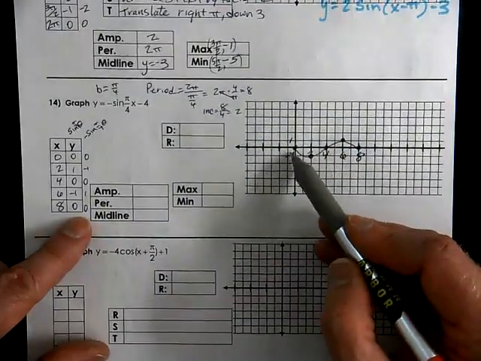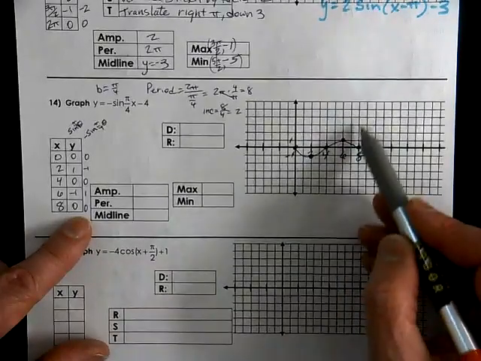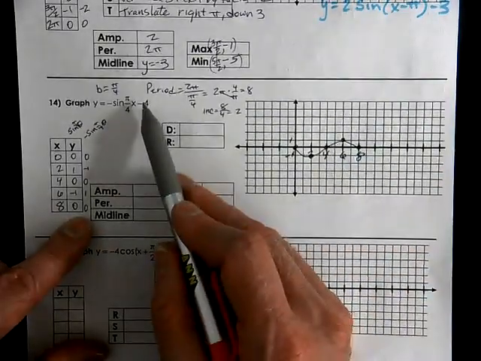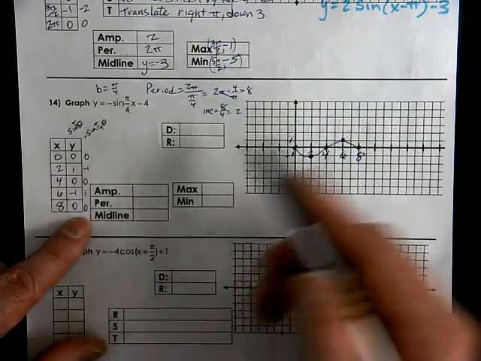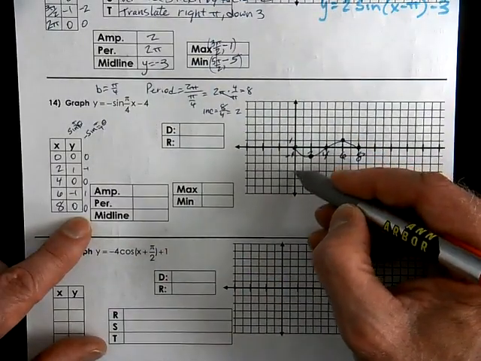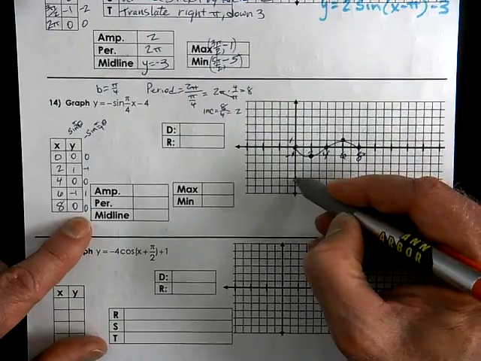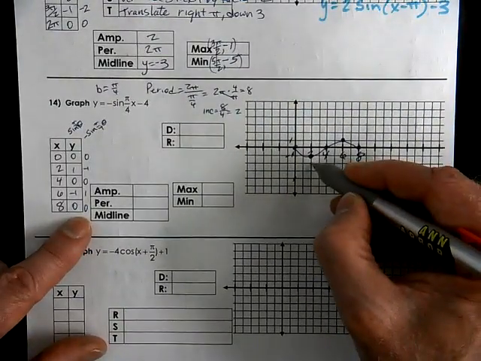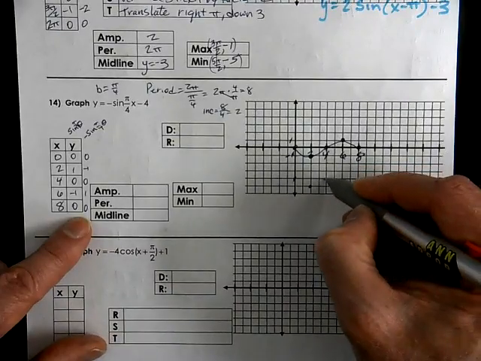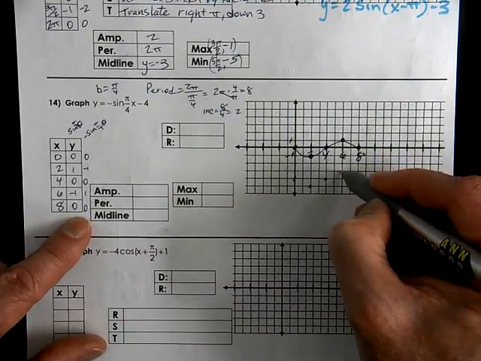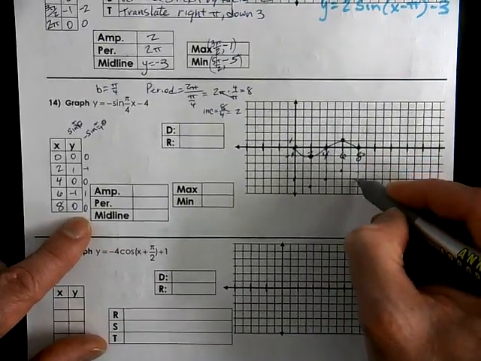Now the reason why I made them so small and didn't stretch it farther for 1 is because I noticed I had to translate. I have to move all those points down 4. 1, 2, 3, 4.